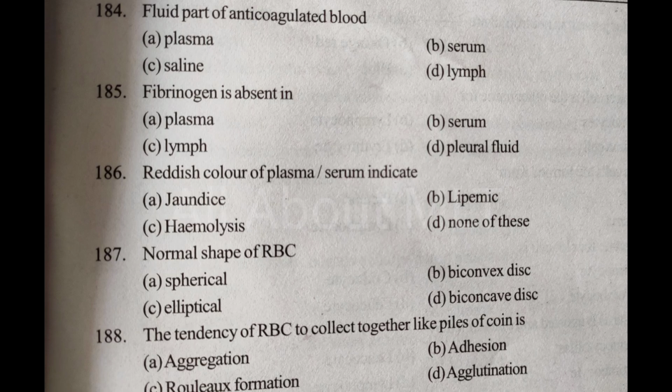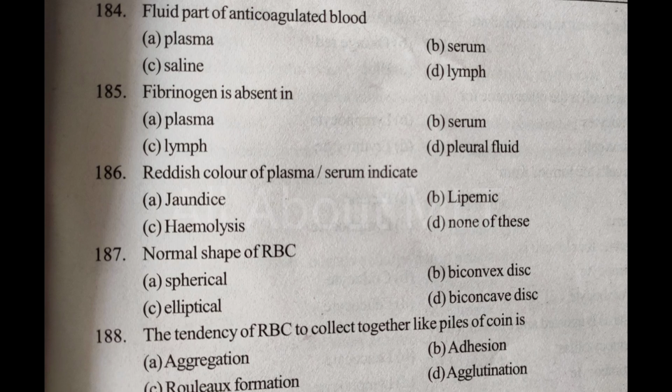Reddish color of plasma or serum indicate option A, jaundice, option B, lipemic, option C, hemolysis, option D, none of the above. And the answer is option C, hemolysis. Normal shape of RBC. Option A, spherical, option B, biconvex disc, option C, elliptical, option D, biconcave disc.